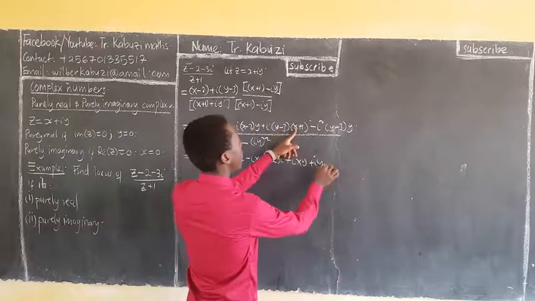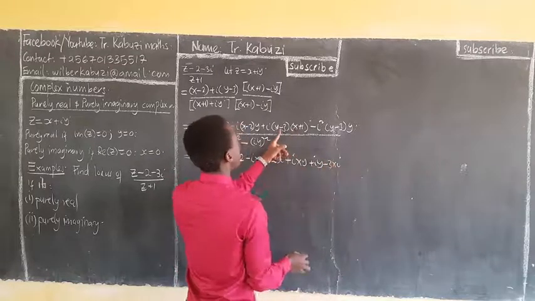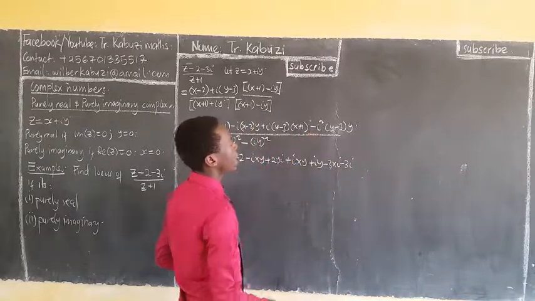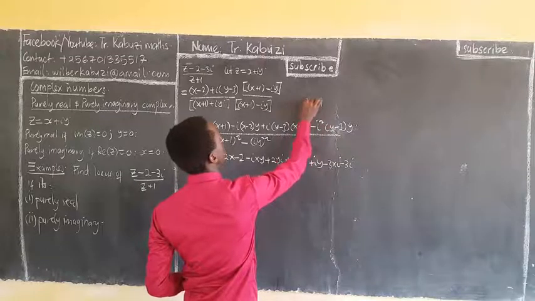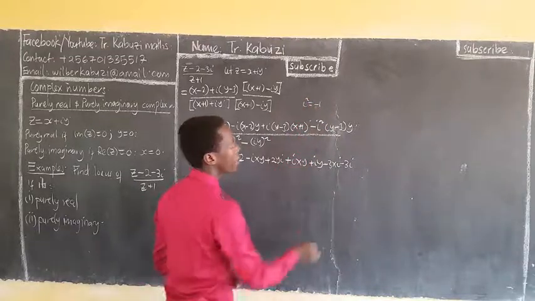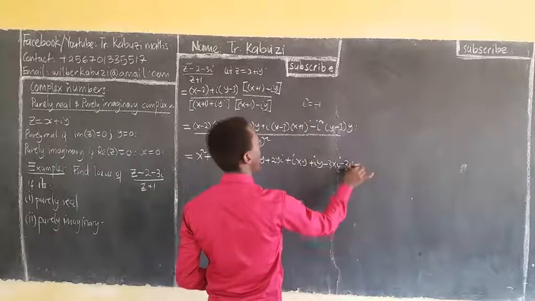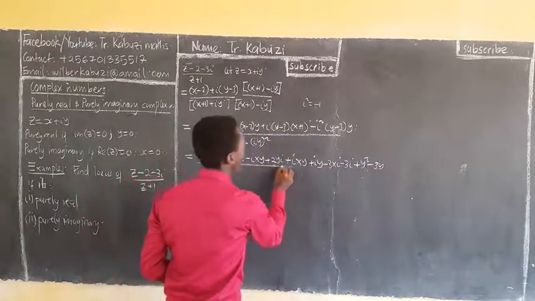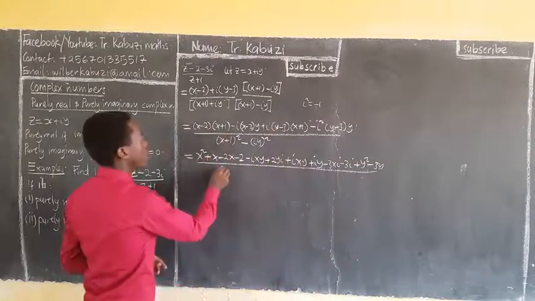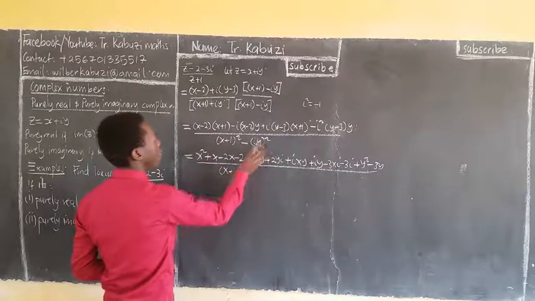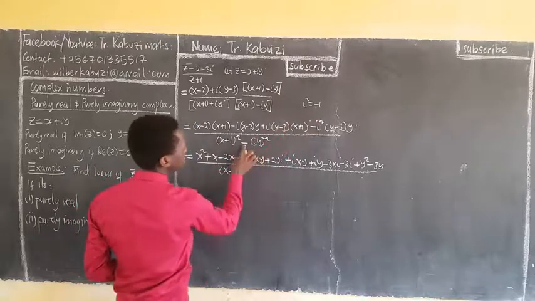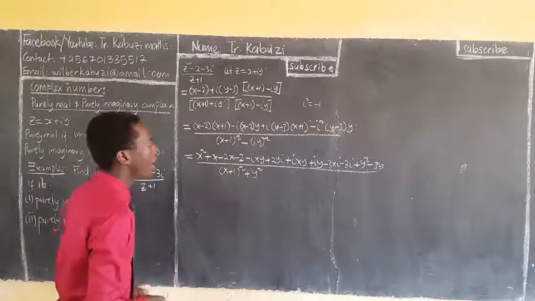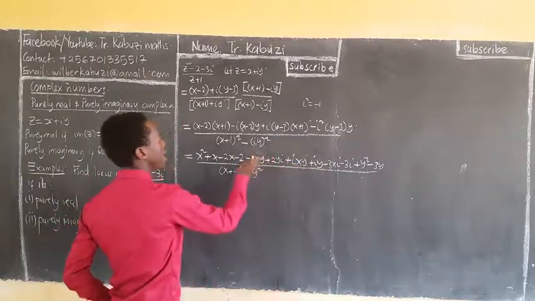Then this will give me minus 3xi. Then this will give me minus 3i. We said i squared is negative 1. This negative will give me now a positive, plus y squared minus 3y. The whole over, when you square this, you get x plus 1 squared. When you square i, you get a negative 1, which now gives us plus y squared. Now, you see that this one is cancelling with that.